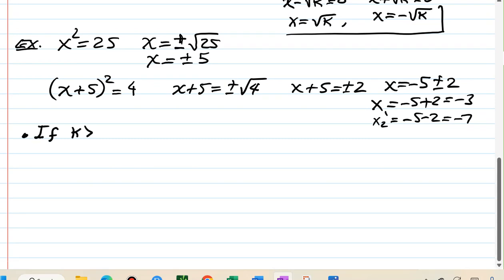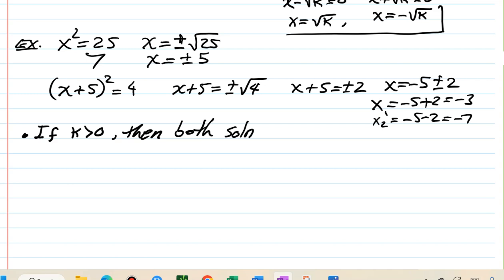If k is positive, such as the example I have here, 25, then both solutions are going to be real, such as the example directly above.